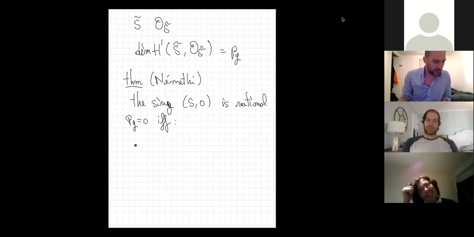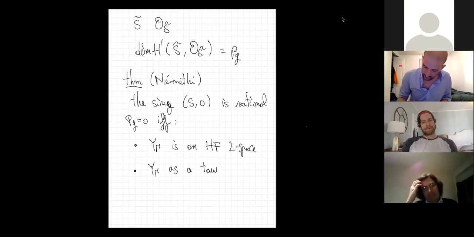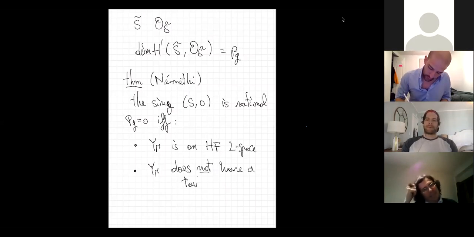The first is Y gamma is an Heegaard Floer L-space, and then Y gamma does not have a co-orientable C0 taut foliation.